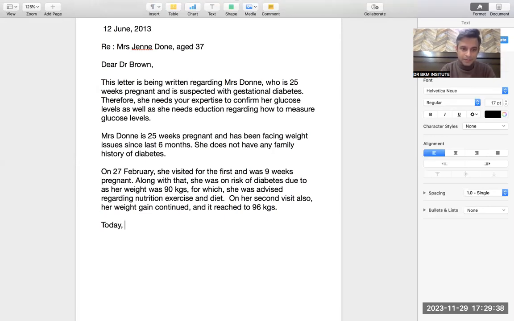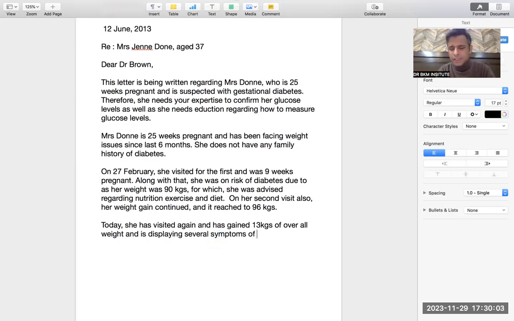Today, she has visited again and has gained 13 kgs of overall weight and is displaying several symptoms, main points only.